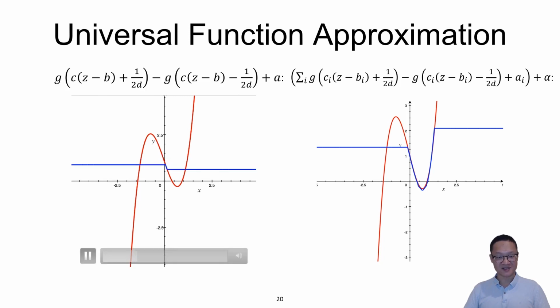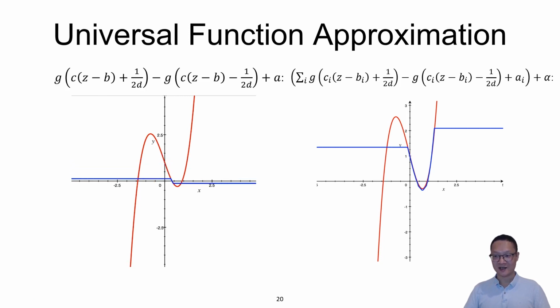And then by adding up all these little pieces, and then bringing the entire value down or up, depending on what we need, we can always approximate part of the red function arbitrarily well. Arbitrarily well because we can always pick a D that is really large and then add more pieces. And then you will have better and better approximations. So this shows that we are able to approximate the red function really well.